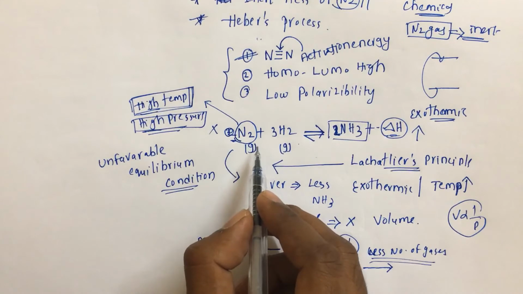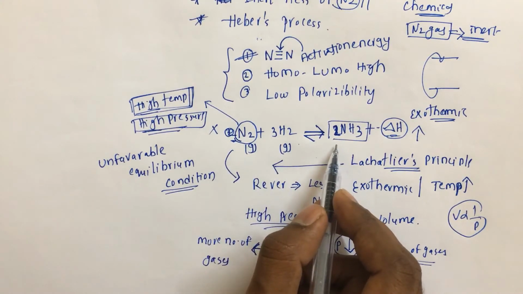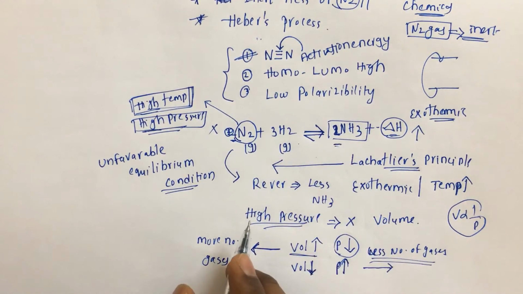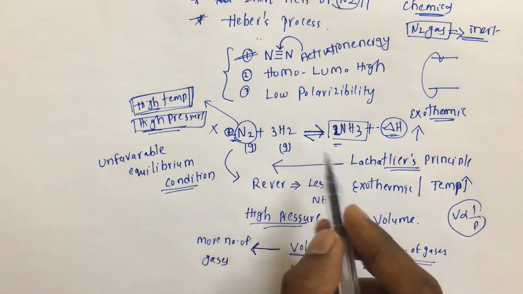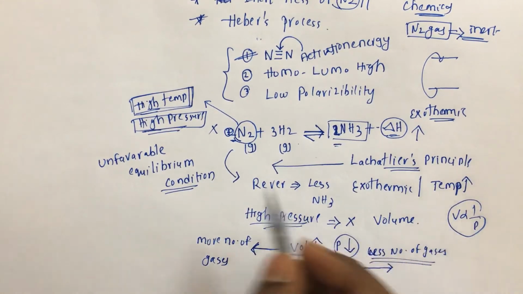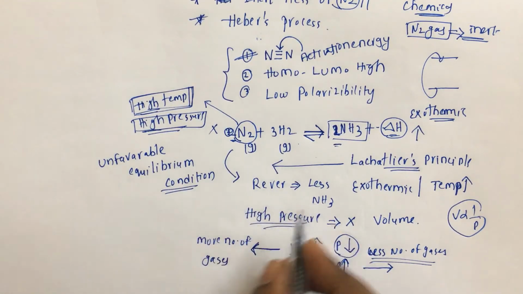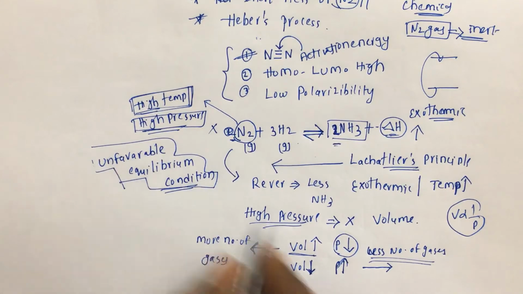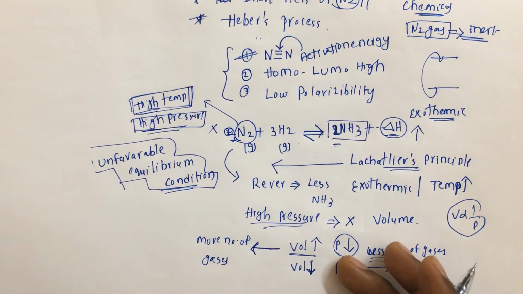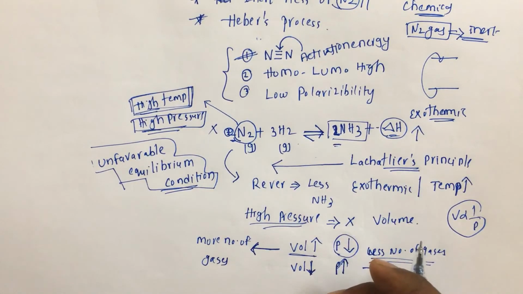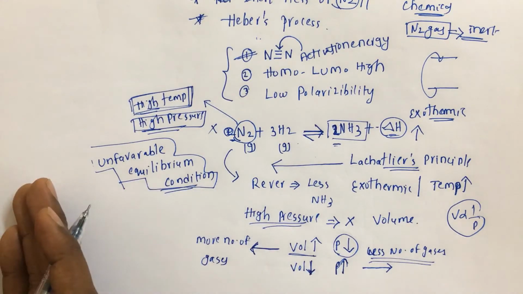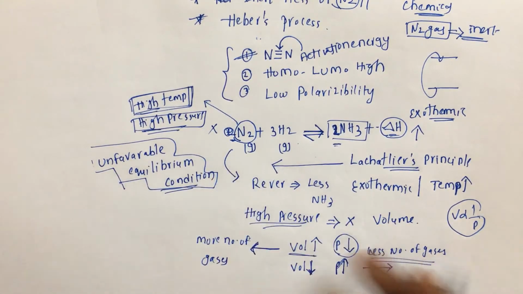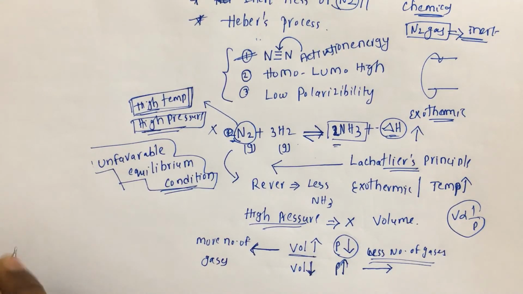As we go from the left hand side to the right hand side, here we have fewer gases, two gases. So we are using high pressure to overcome this unfavorable equilibrium condition. Unfavorable equilibrium condition means we are using high temperatures and it's moving towards the left hand side. In order to overcome this, we are using high pressures also.